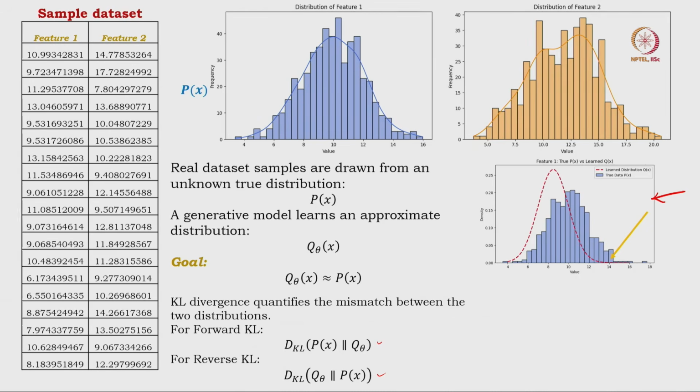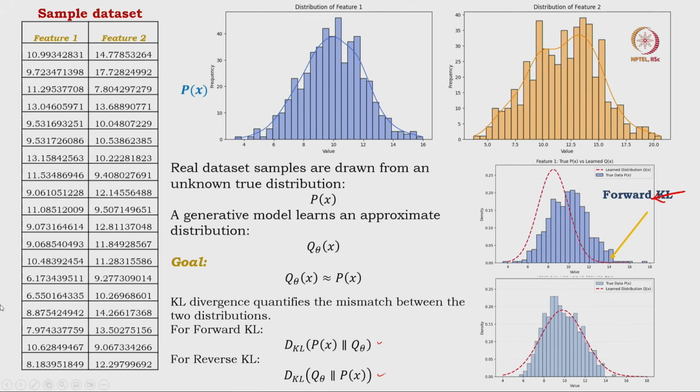Q has almost reached 0. So by looking at this, we can say that the model has not captured all the data properly. Which part of the data has the model not captured? P has some value, but Q has not covered there. So, measuring this is your forward KL.